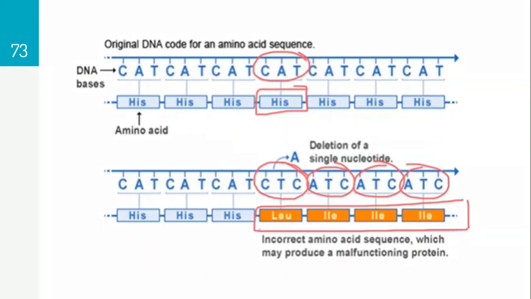Both of them, guys, are due to how it's read. The point mutation is that you read it differently as a result of replacing a base. In the case of the frameshift, you read it differently because you either inserted something or deleted something, which changed the threes in which you read it. When it reaches the point of insertion, where you added a new base, you're going to have a different amino acid present. So all these mutations have one commonality: you're going to get a different protein at the end of the day.